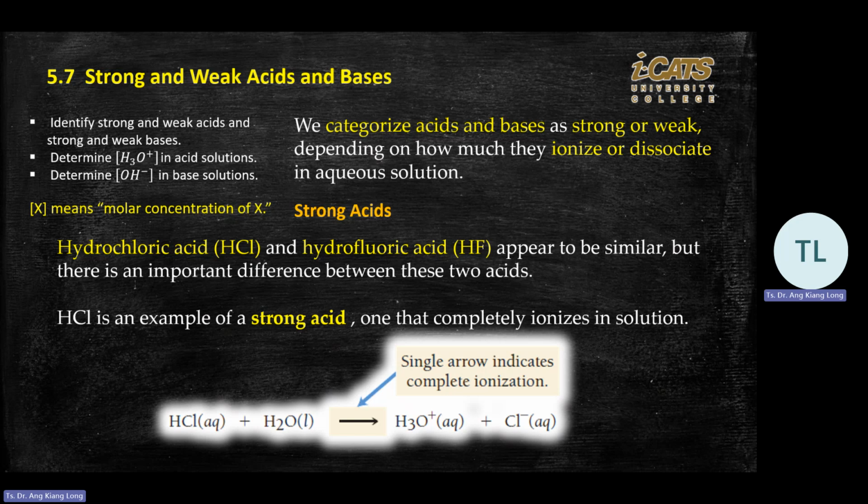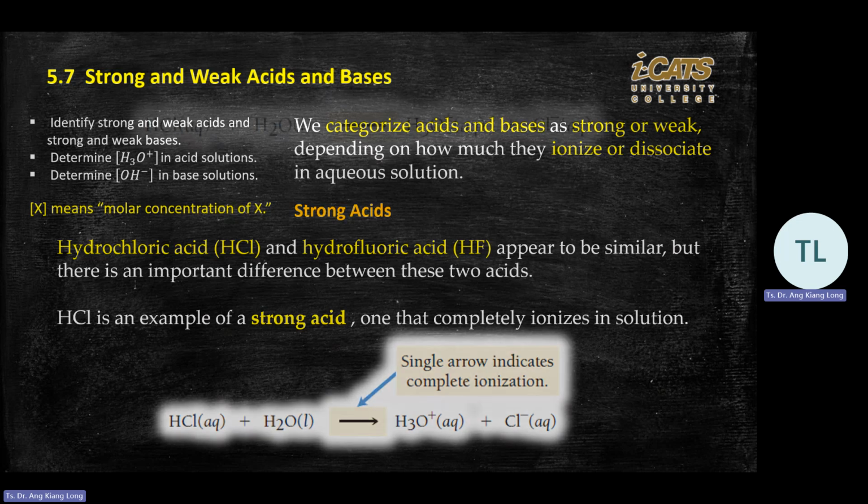If you are given a weak acid, then you can use a reversible arrow, one to the left, one to the right. Here is H3O plus aqueous, and not H plus, because in the acid most of the concentration will be in H3O plus, although H3O plus is equal to H plus.